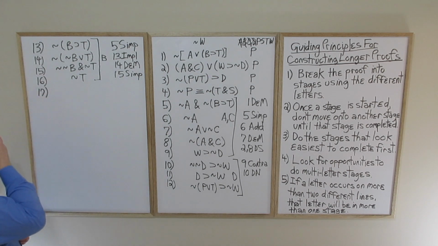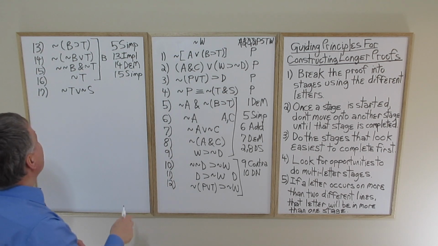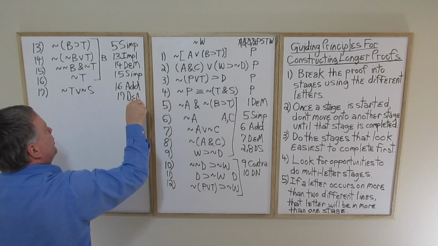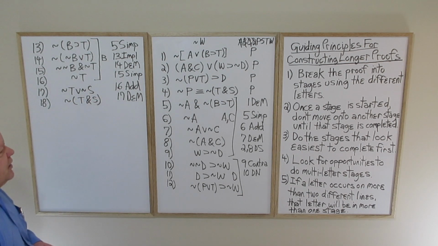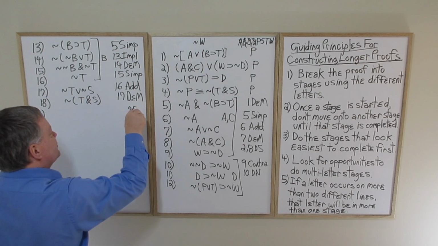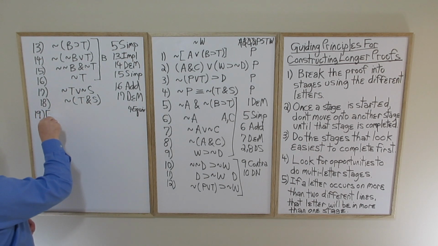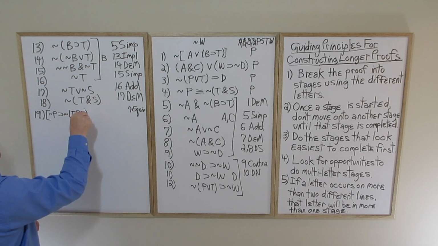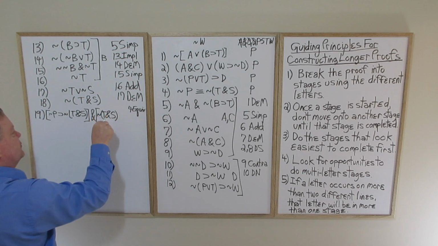Here, we've seen how to do this from the procedure we carried out earlier in the proof. 16 strategic addition, 17 De Morgan's gives us tilde T and S. Now we need to do 4 equiv, which will give us a conjunction of two conditionals, tilde P horseshoe tilde T and S, and tilde T and S horseshoe P.